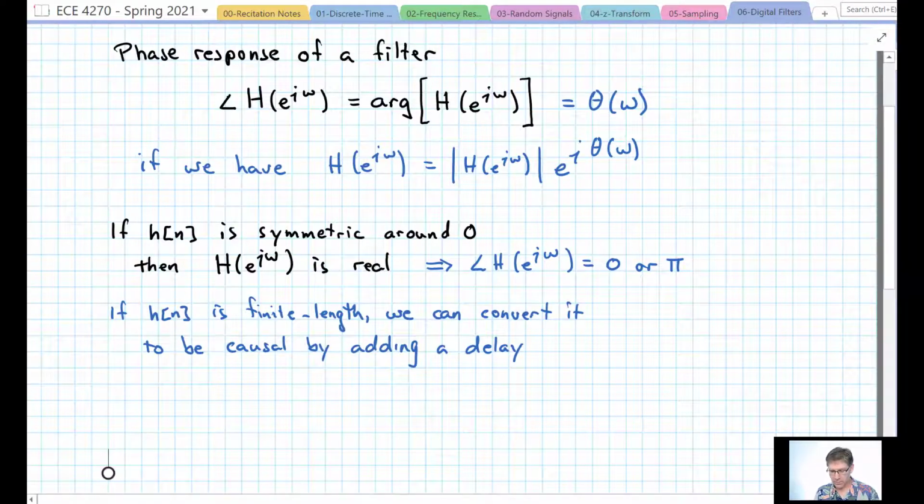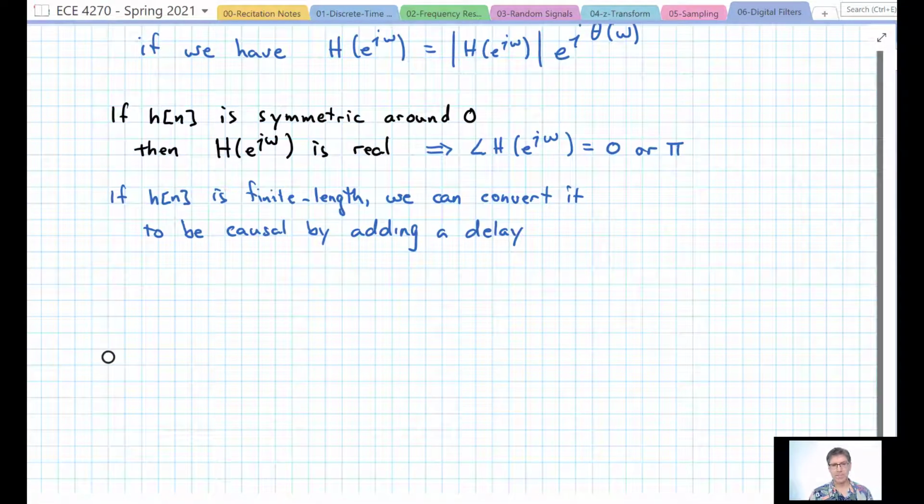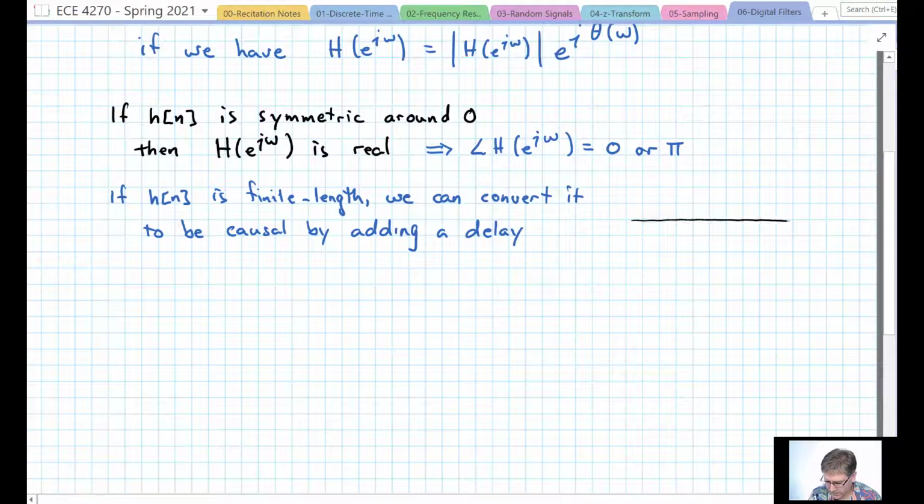And we can almost get there if we have a filter that is finite length. We can convert it to be causal by just adding a delay.